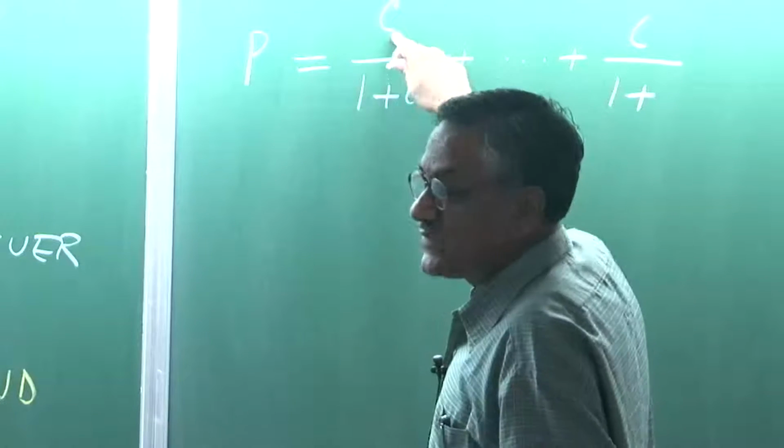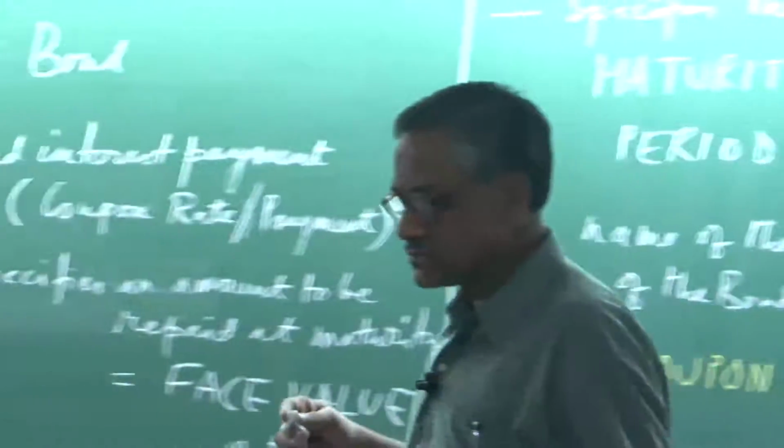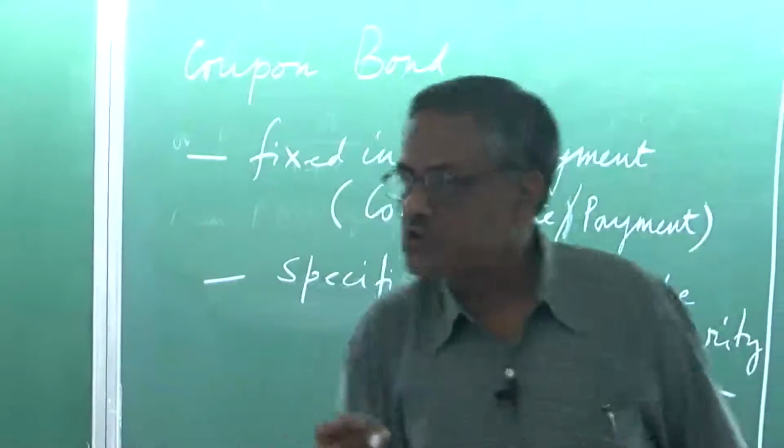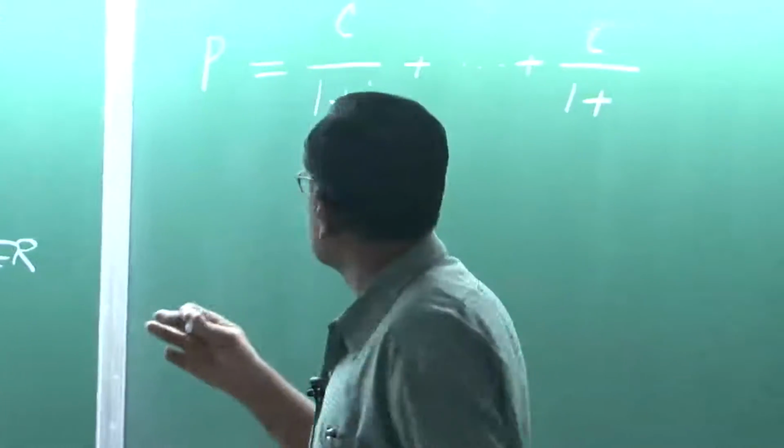Suppose, let me rephrase the problem. Suppose I buy a coupon bond at a competitive price that is developing.